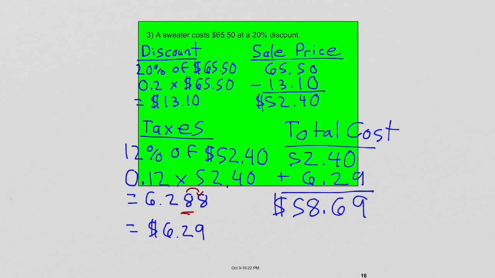So if you're calculating a total price in a question that has a discount, you start with the discount first, then go to the sale price. Don't make the error I made, and you take your taxes and you calculate your taxes based on the sale price, whatever you're going to be paying for the item.